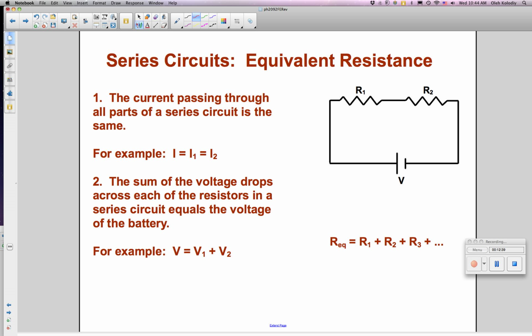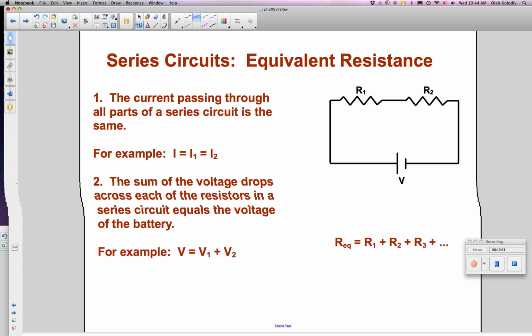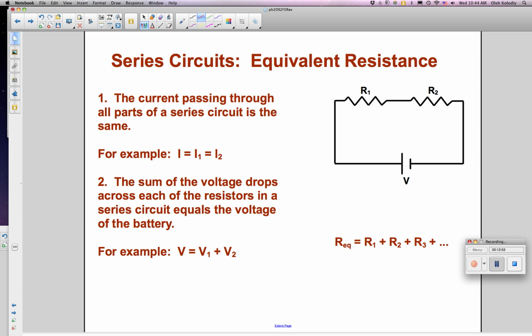So if we start off with something simple, two resistors in series, we know that in series the resistors just add, and the voltage across each resistor also add. So V1 plus V2, those two have to add up to the voltage of the battery.